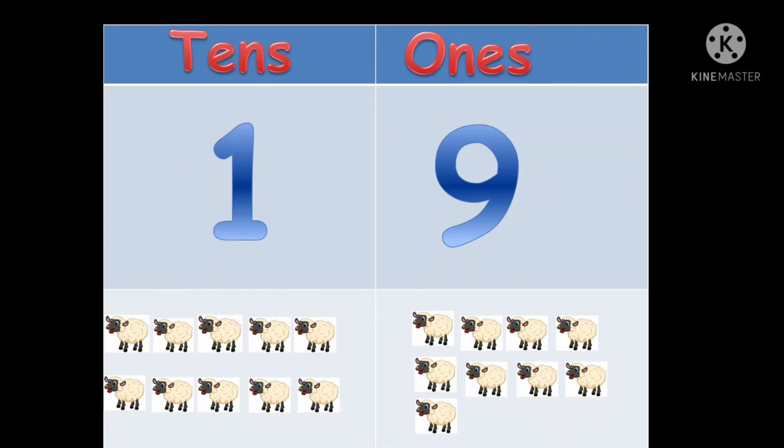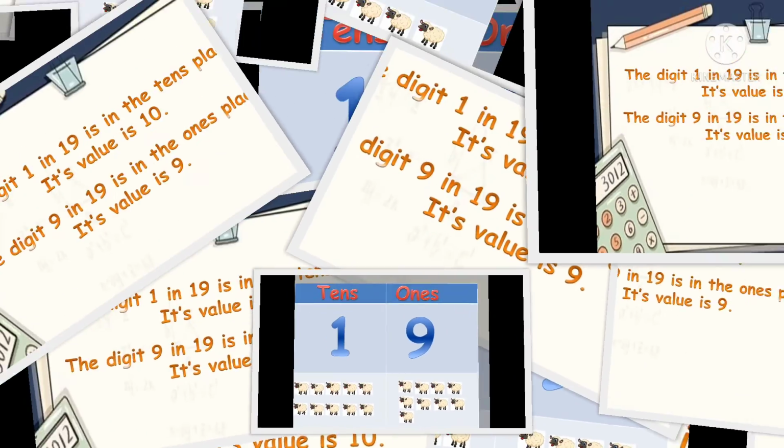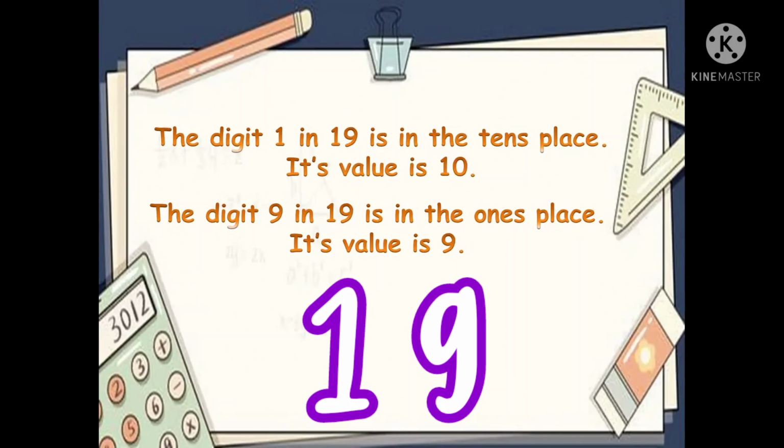So we can see here in the table that the value of 1 in 19 is 10, and the digit value of 9 in 19 is 9. The digit 1 in 19 is in the tens place. Its value is 10. The digit 9 in 19 is in the ones place. Its value is 9.